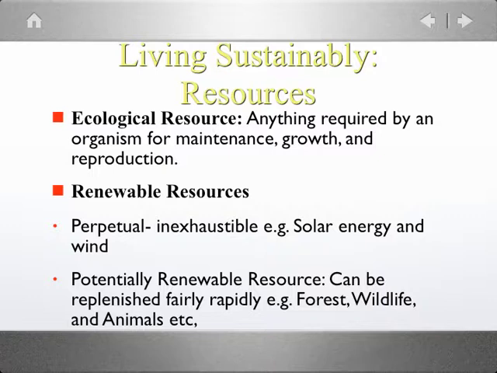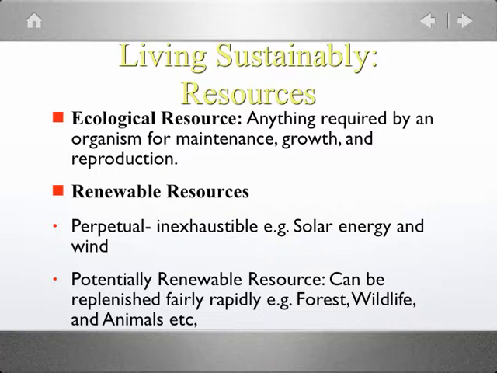So in terms of perpetual, we're talking about something that's inexhaustible, given the human conception of it. So the sun, I mean, we are in no way in the conceivable future going to run out of solar energy, nor wind. So that's perpetual, right?